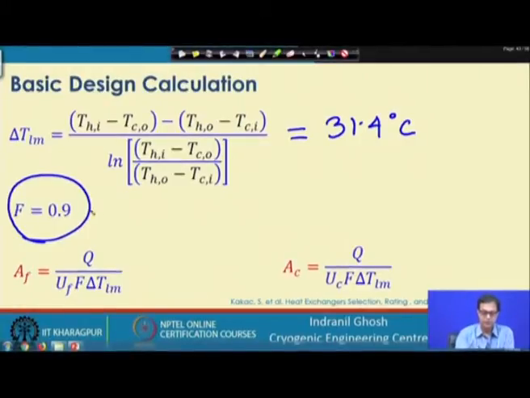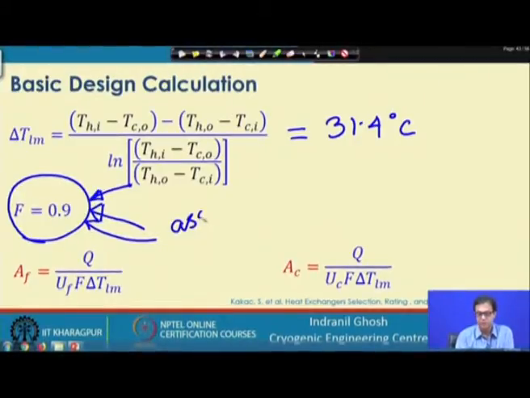We have already learned what the corresponding correction factor would be for a cross flow type, or when we have a single pass, single tube heat exchanger, but we are just assuming it at this moment.